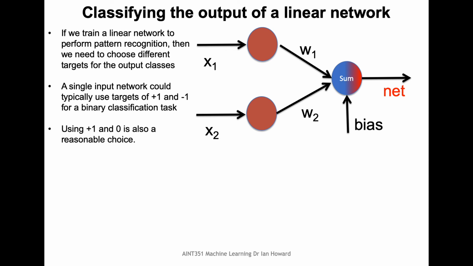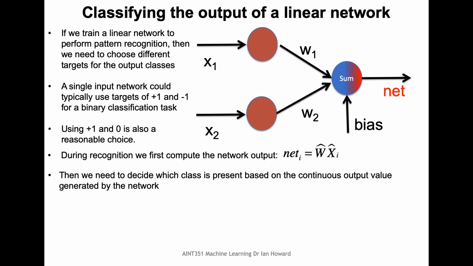Or another thing we could do is use +1 for one class and 0 for another. And then, imagine we've trained it and we're running it, we calculate w hat x hat for a particular data vector, and we have to decide on the value of net, the value that we get out, what class it is.